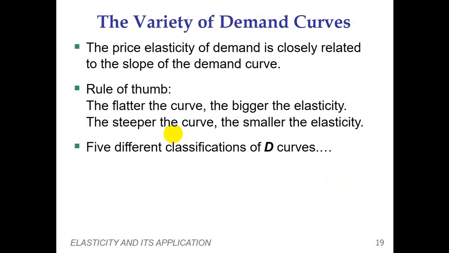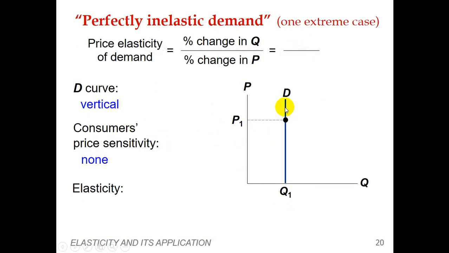Here they give you the rule of thumb: the flatter the curve, the bigger the elasticity; the steeper the curve, the smaller the elasticity. Here we have a perfectly steep curve, just like the vertical axis. That's why it is the perfectly inelastic curve.